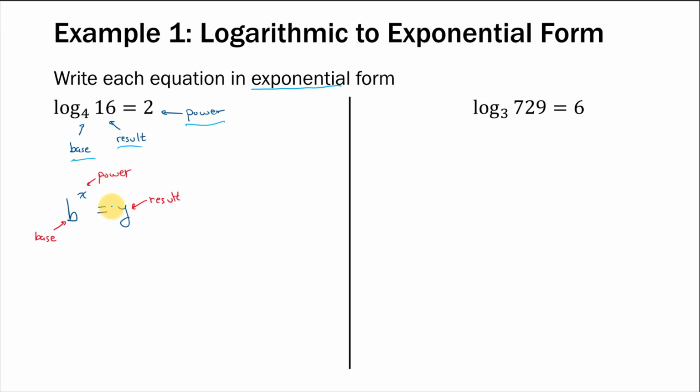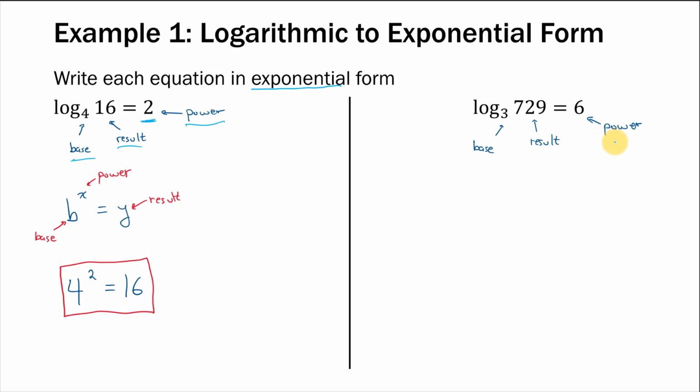So now I can rewrite what I have in this exponential form. My base is 4, my power is 2, and my end result is 16. That's how we can rewrite something from logarithmic into exponential form. Let's take a look at this one over here. I've got a base of 3, a result of 729, and a power equal to 6.